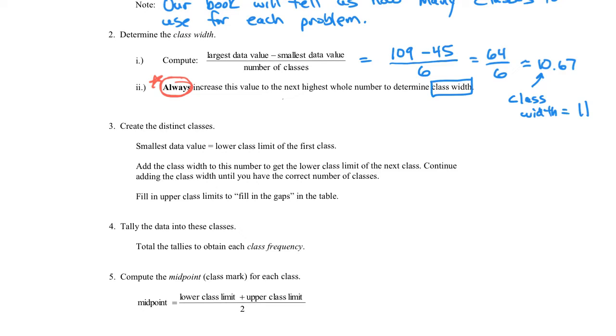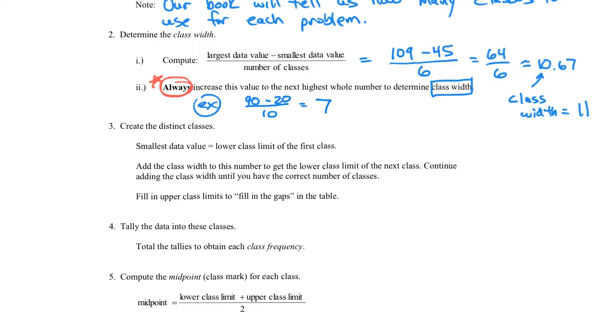Okay, so as an example, let's just say we had this one. I'm totally making this up. Let's say we went through this math. Let's say we had a problem where we went largest minus smallest. Let's say there's 10 classes, and we get 70 over 10, which is 7.